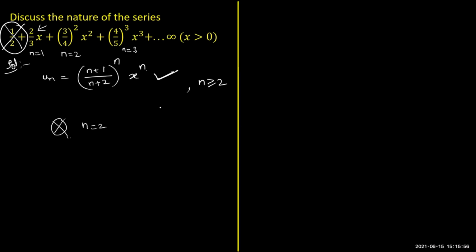Whatever the nth term given in the series suits only when n is greater than or equal to 2. But for n equal to 1, you have some other term, which the nth term doesn't give as a general case there, right? So anyway, even if you ignore some terms, the convergence remains the same.